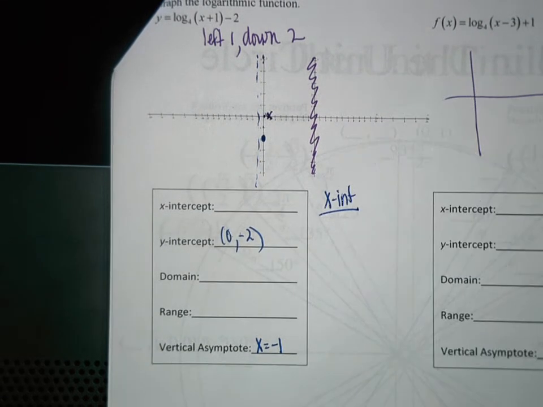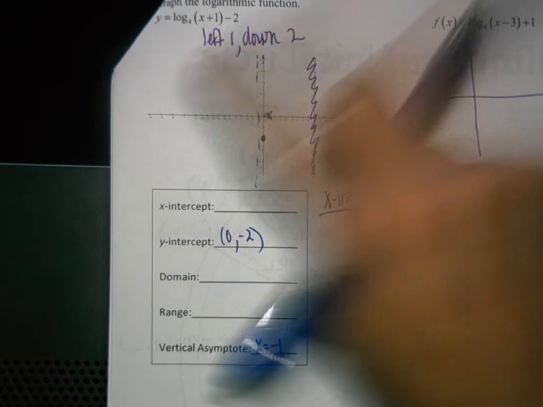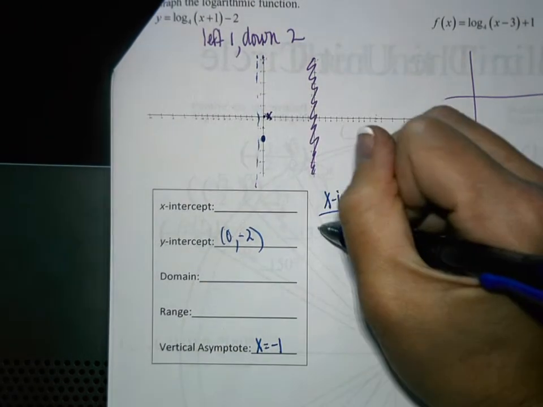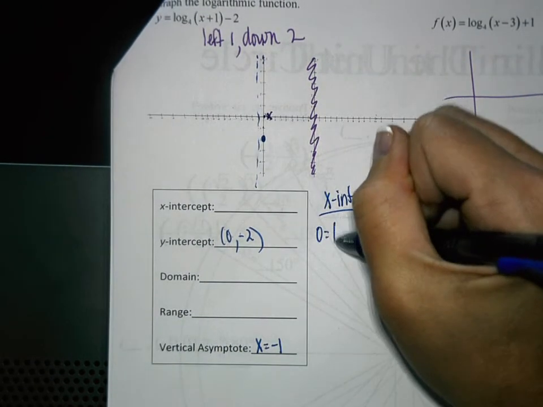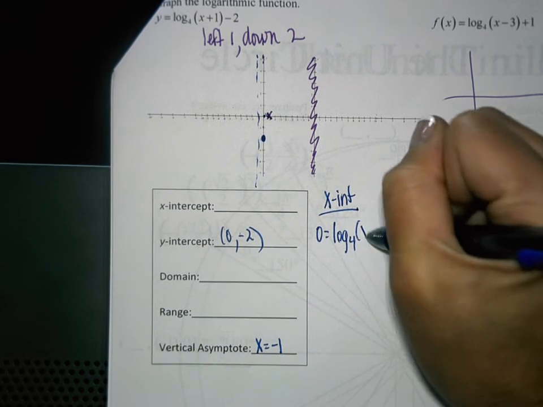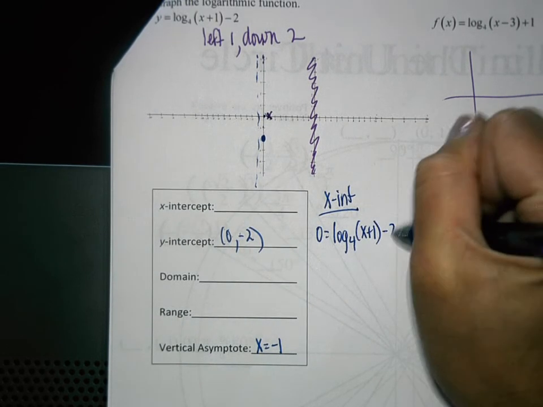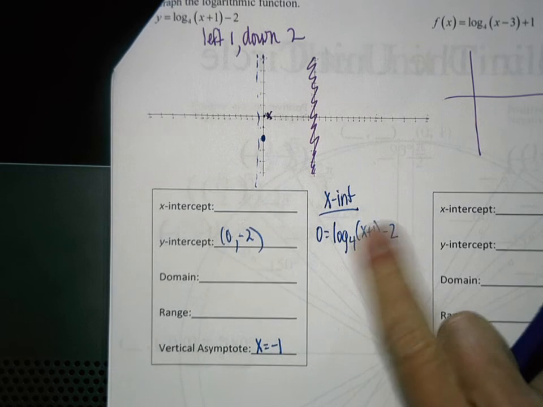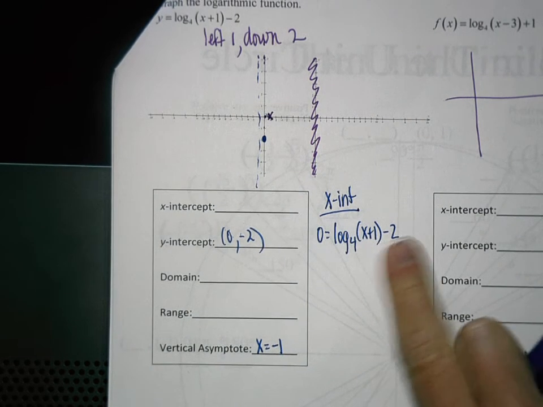When you're finding your x-intercepts, you're plugging in 0 for y and solving for x. So in this equation, I'm going to plug in 0 for y: 0 equals log base 4 of (x plus 1) minus 2. This x plus 1 is connected together, so I can't go 1 minus 2.